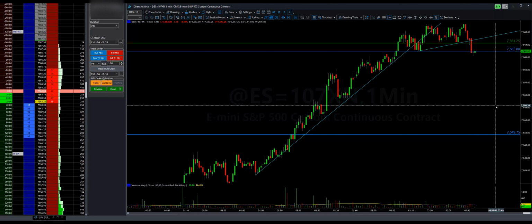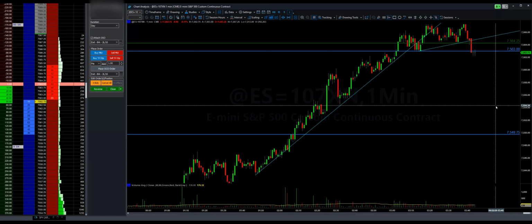So the weakest market is the Dow Jones, which is a good indicator for us. The S&P still fighting. Nasdaq as well. The Russell as well.